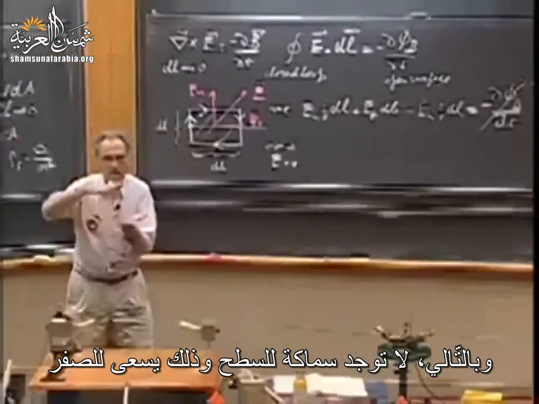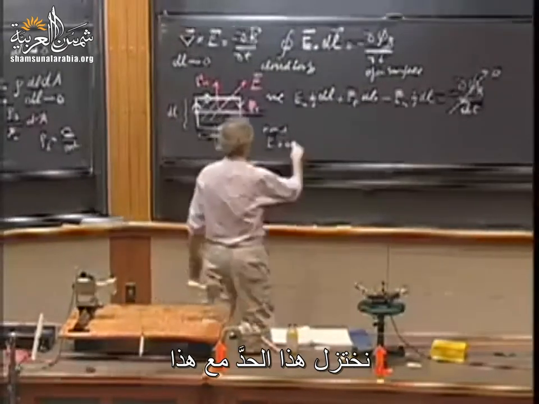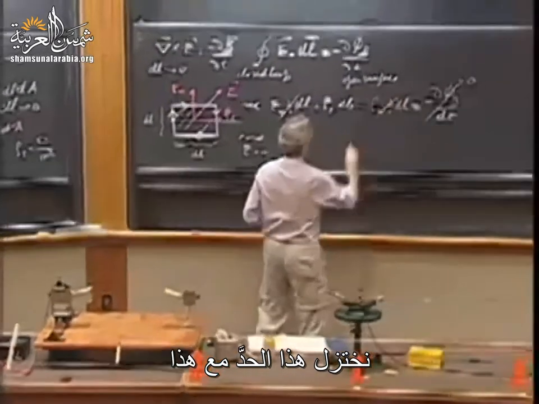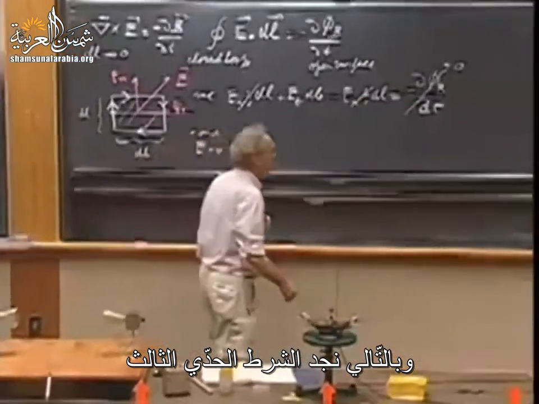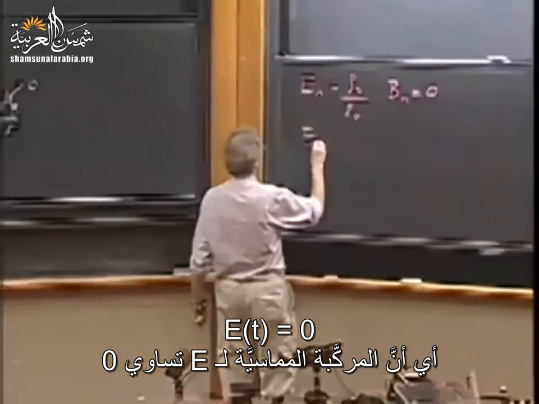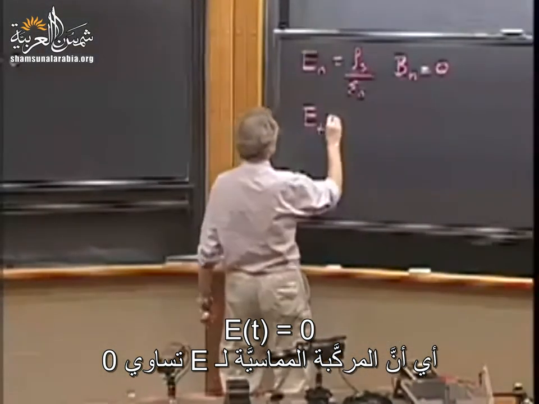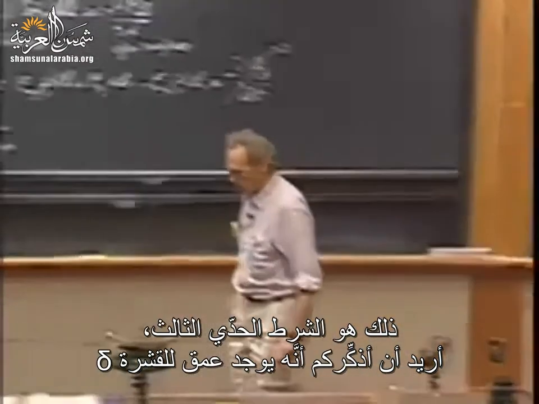So there is no surface left. And so that one goes to 0. And notice that this one cancels out against this one. And so now we find the third condition, and that is that at the boundary, E tangential is 0. So that's the third one.